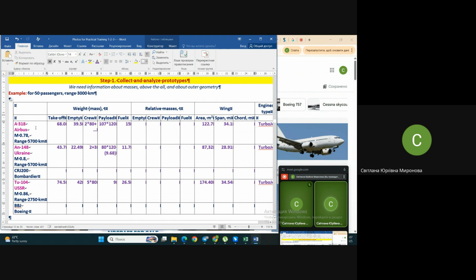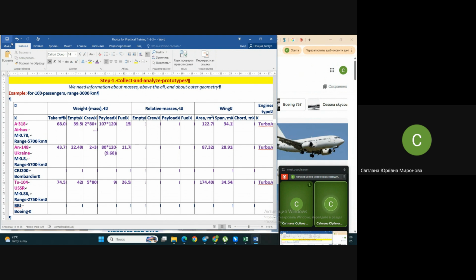Oh, maybe I'm wrong. Maybe I've been searching for 100 passengers. Let me see. Of course, for 100. I should check myself. Clever woman. So, for 100 passengers.